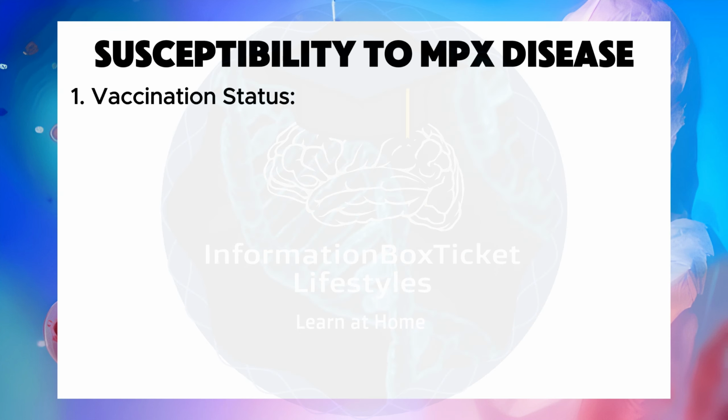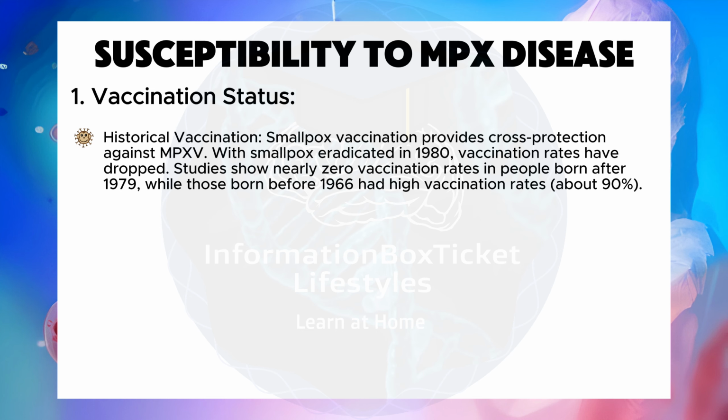Susceptibility to MPX disease. 1. Vaccination status. Historical vaccination. Smallpox vaccination provides cross-protection against MPXV. With smallpox eradicated in 1980, vaccination rates have dropped. Studies show nearly zero vaccination rates in people born after 1979, while those born before 1966 had high vaccination rates, about 90%.